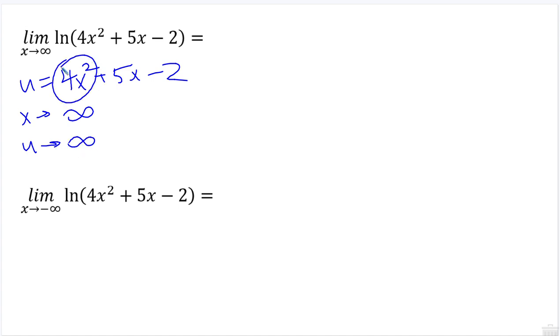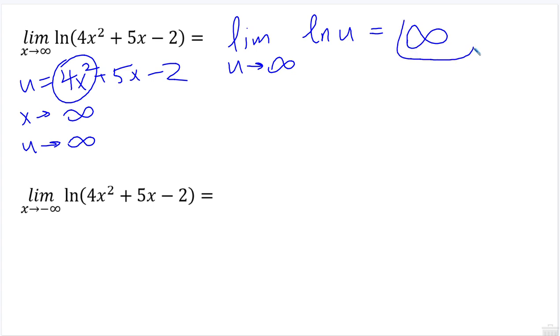And really the only piece of it that matters is the 4x squared. That's the largest power. That's the piece that dominates it. So what we're really looking at now is just a limit as u approaches infinity of the natural log of u. Well, we just did that on the previous page. That limit is just infinity.